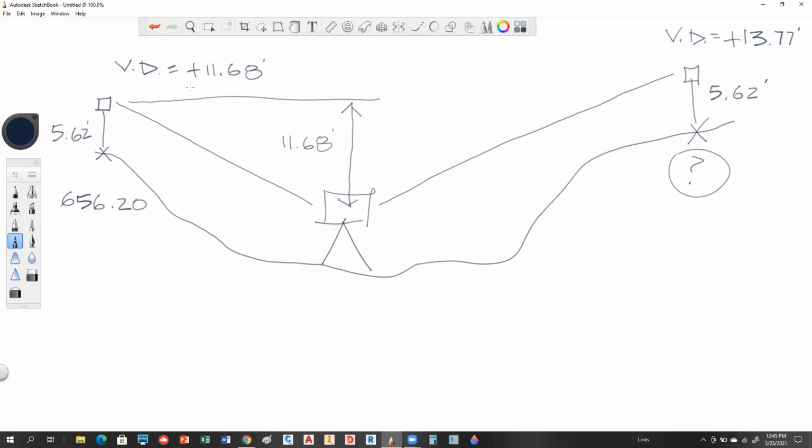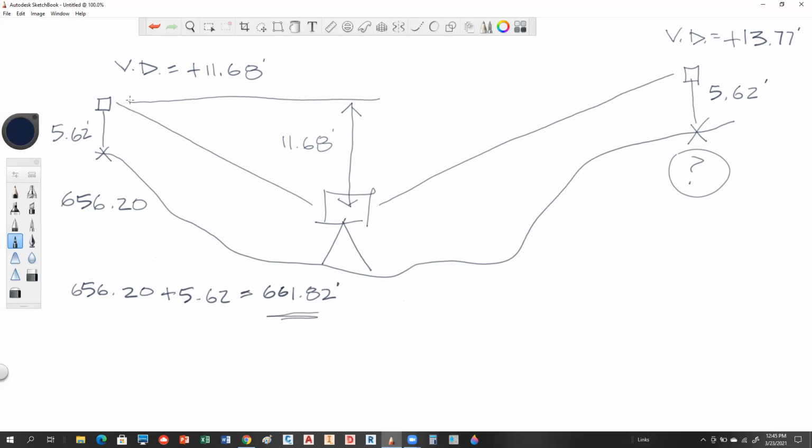So if you take 656.20 plus 5.62, that gives me an elevation of 661.82. That would be the height of what? The rod, the height of the reflector, right?